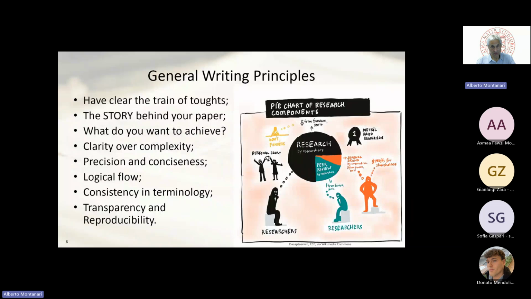And finally, and this is a requirement that has been introduced in a relatively recent time, make sure that your story includes and grants transparency and reproducibility. If you are interested in getting a large audience, making your results reproducible is a real plus.